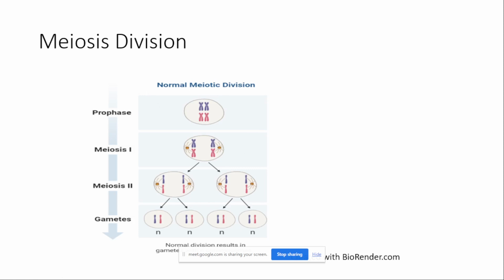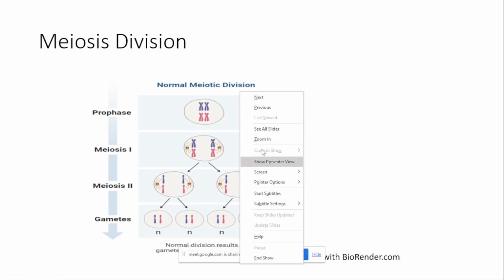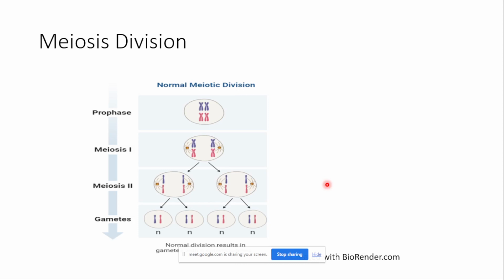So in prophase, you can see the S phase has already occurred, so each DNA has been duplicated. You can see here, after the duplication, this is a diploid cell, right? In the diploid cell, the first thing which has to occur in prophase is the proper alignment of the homologous pair.